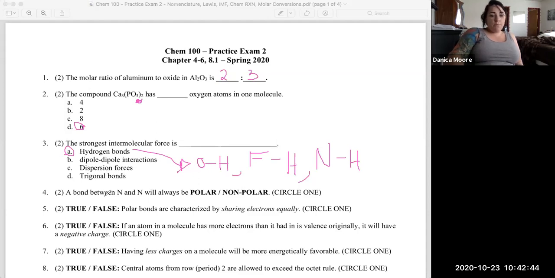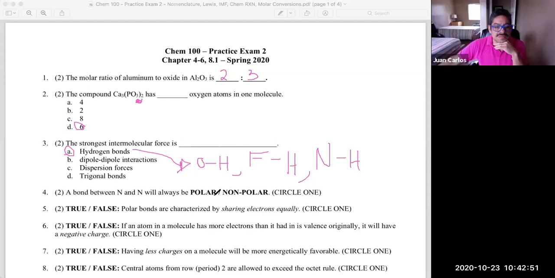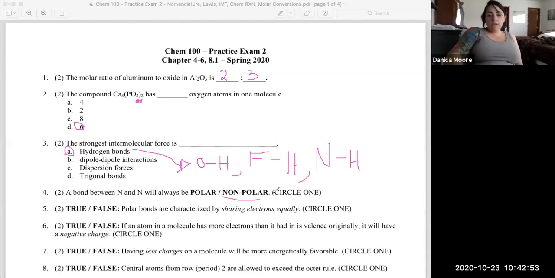Awesome. So a bond between nitrogen and nitrogen will always be non-polar. So when we define polar versus non-polar bonds, we said there are two ways to tell that you have a non-polar bond. The easiest way to remember them is by who's non-polar.